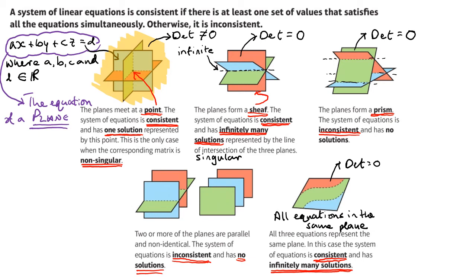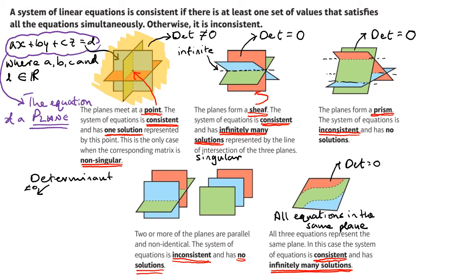So let's recap what we've done so far. So we can either have, let's check the determinant. So let's say the determinant is not equal to 0.